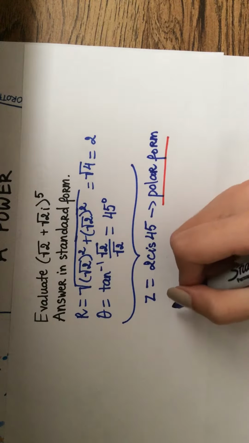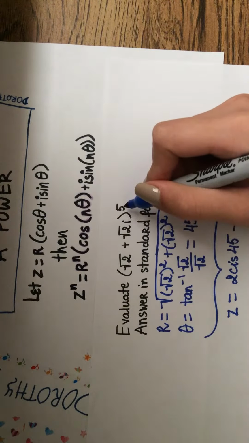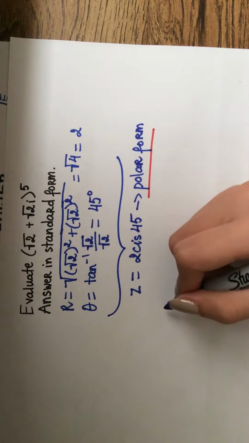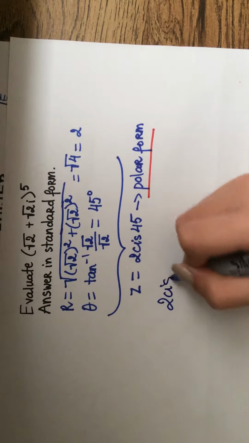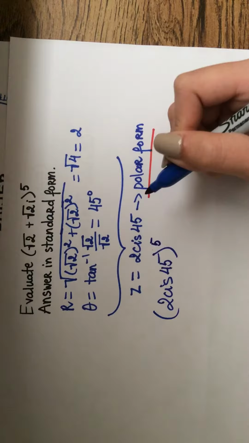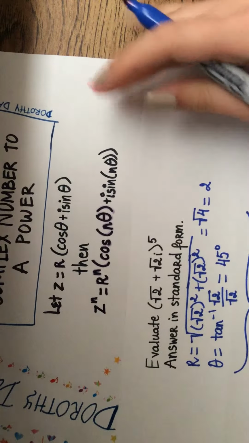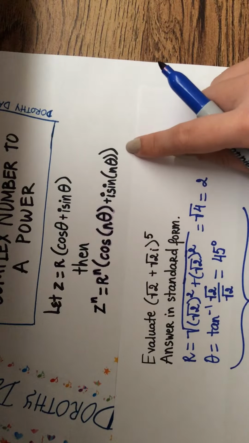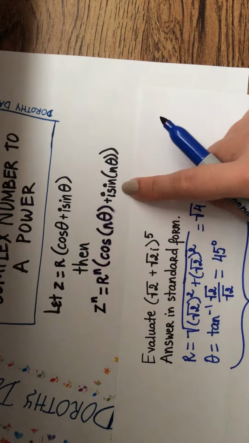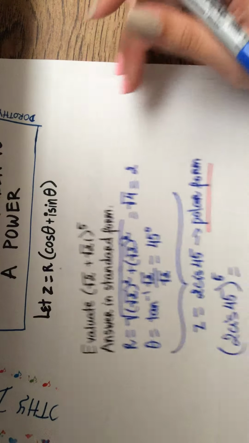Now you make it to the power of the fifth, because this is what your problem wants. So you take your formula, 2 cos 45, to the power of the fifth. Then you use your original formula right out here, but instead of writing cosine and sine, I'm just going to make it simpler and write cos.